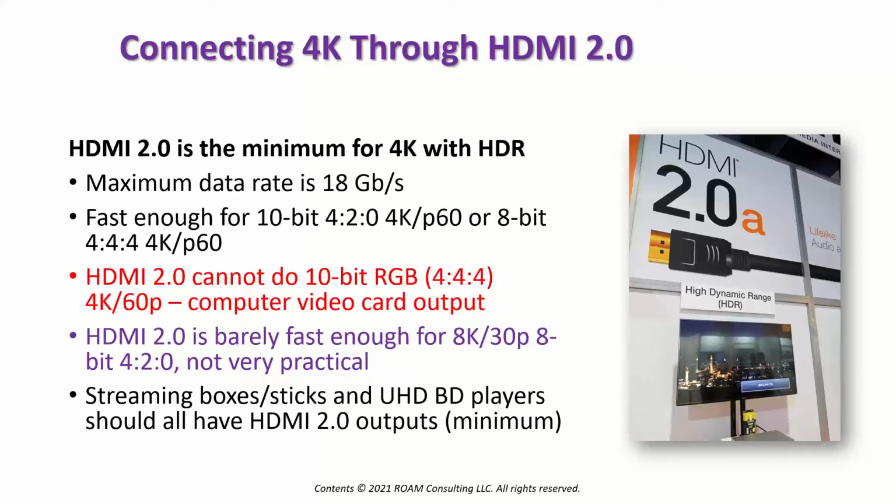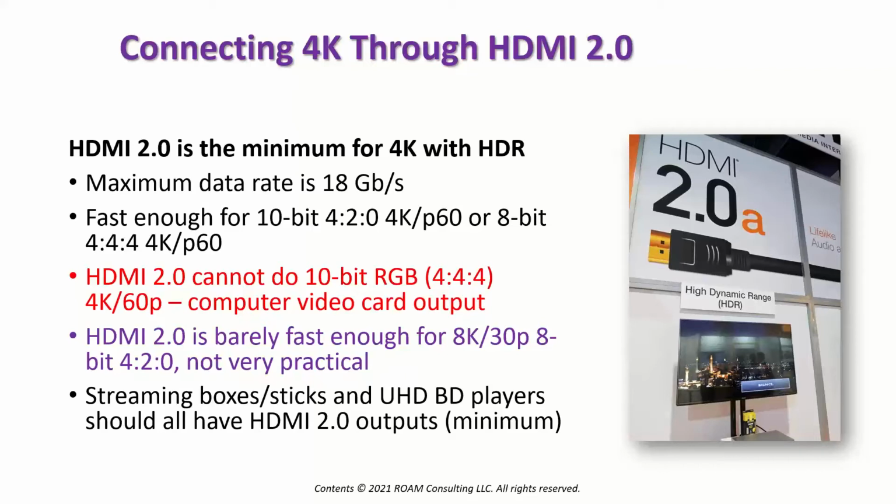So that is fast enough to do 10-bit video at 420 color resolution. That's lower color resolution. 4K 60 frame or 8-bit RGB at 60 frames. But it can't do 10-bit RGB 60p 4K, which is not unusual to get off a computer video card.